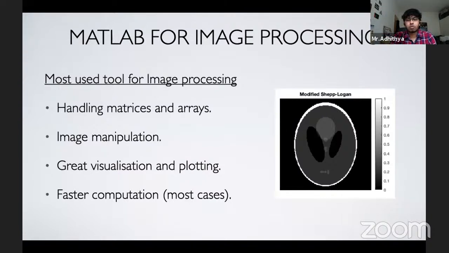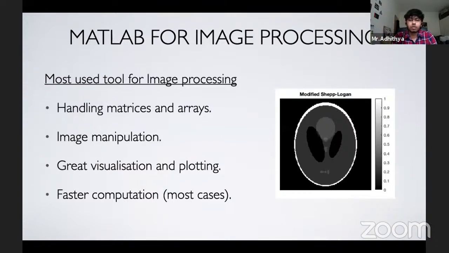Once you are able to handle matrices, then image manipulation and data manipulation is basically going through each of the indices and changing the value in that location or applying a certain linear transformation in that location. So it is fairly intuitive. And it's also very good for visualization and plotting.